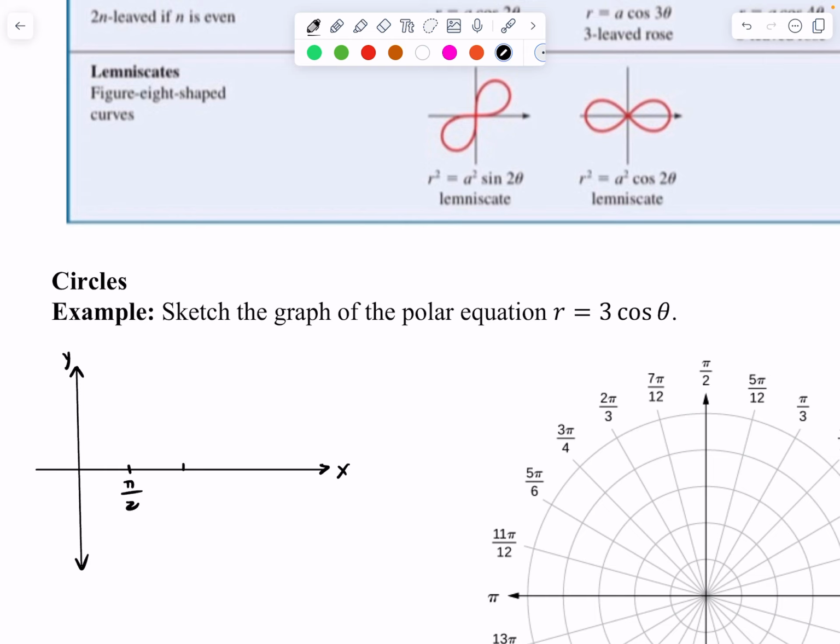So I can scale the x-axis by pi over 2s. Up to 3, down to negative 3. Cosine starts high.